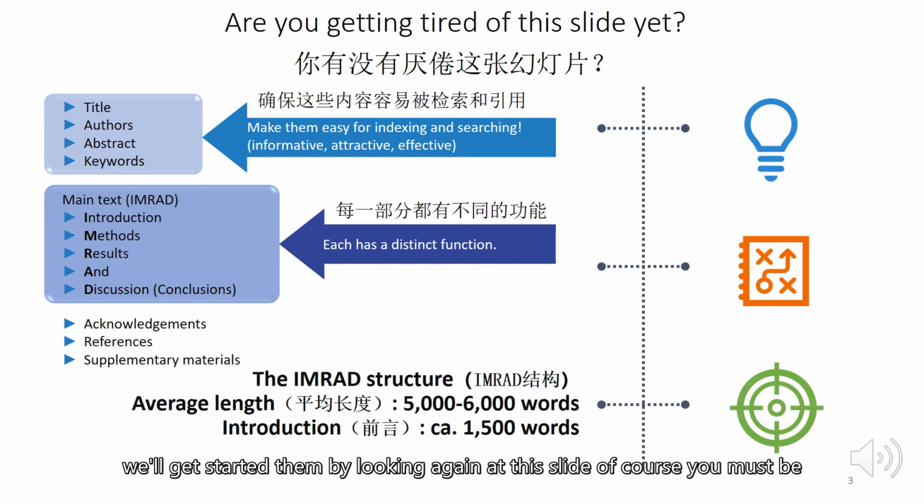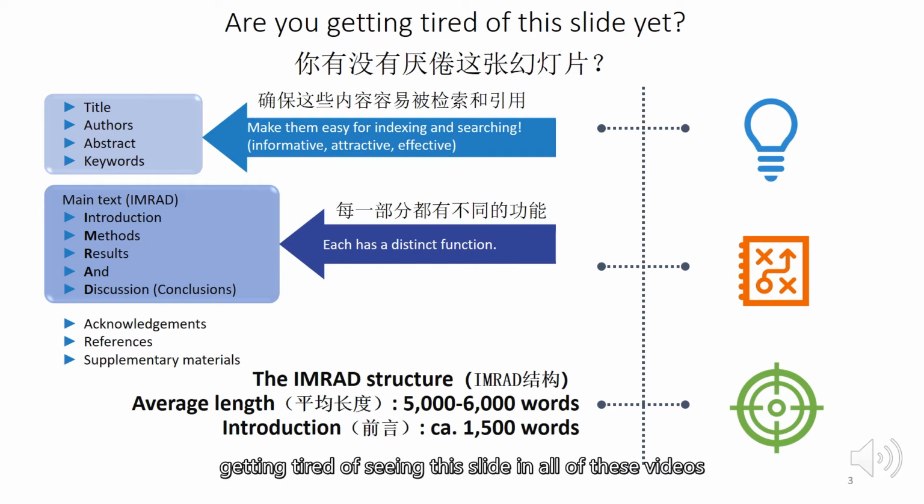Of course, you must be getting tired of seeing this slide in all of these video presentations, but it really is so important. The general structure of an academic article consists of 2 sections, ladies and gentlemen: the title and the authors, and the abstract and the keywords.